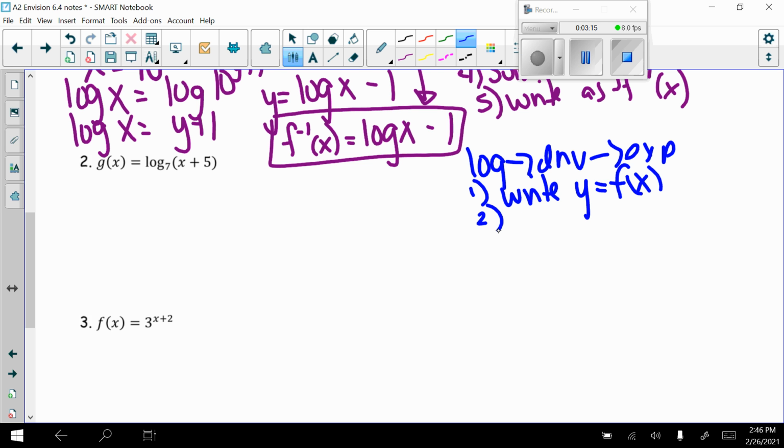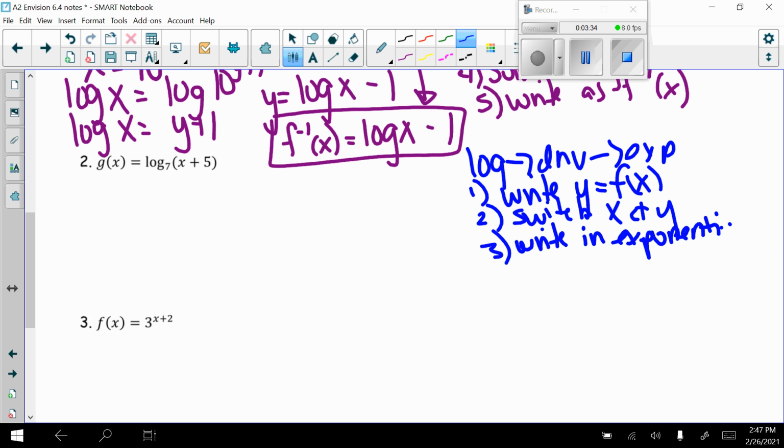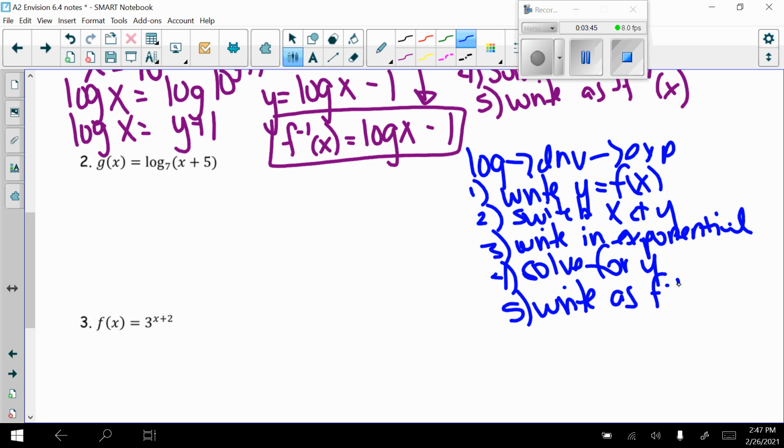Step number 2, we always switch x and y. Step number 3, since it's now a logarithm and I'm changing it to the inverse, which is an exponential, I write it in exponential form. And then solve for y. And write as f inverse of x.